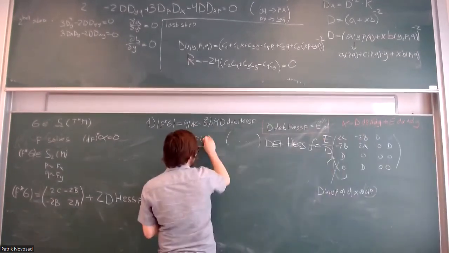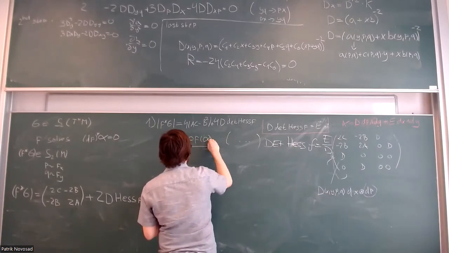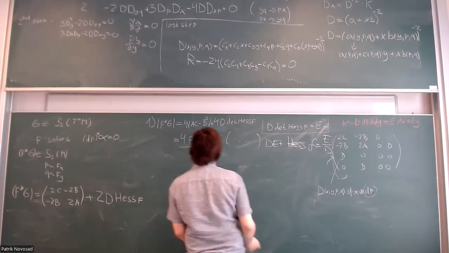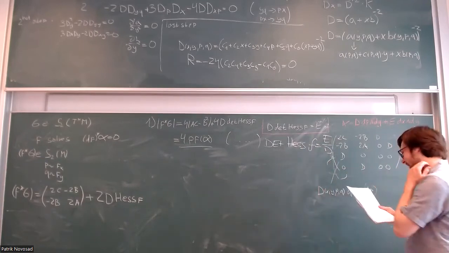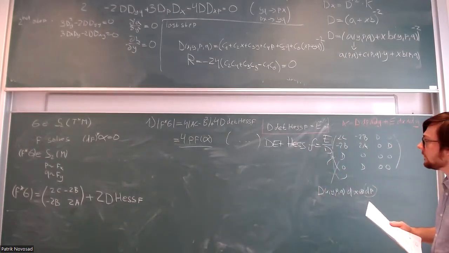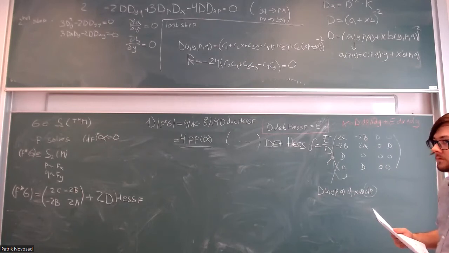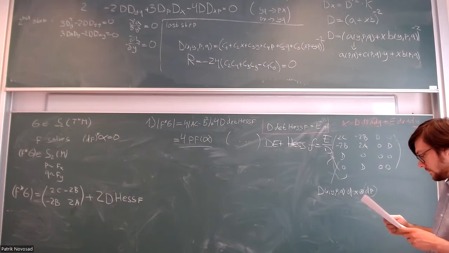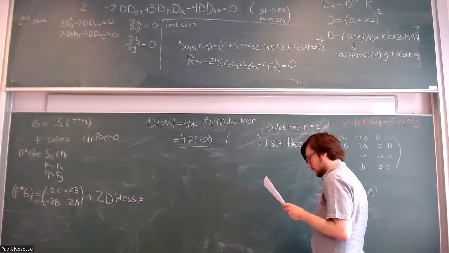Again, okay. Start from the top right. Why isn't there cross terms? I mean, there should be something like C times Fyy. Yes, A times Fxx.